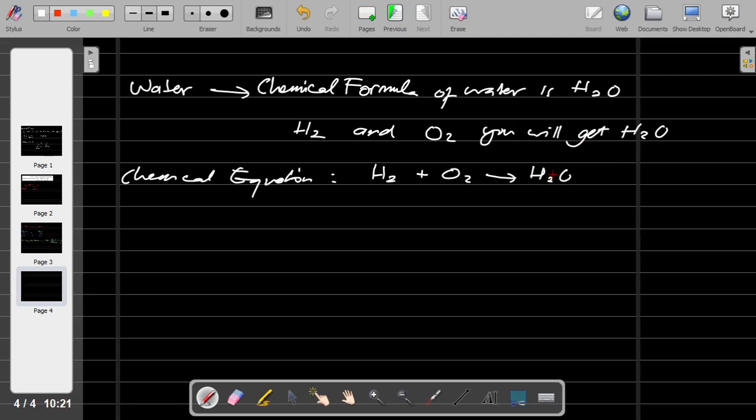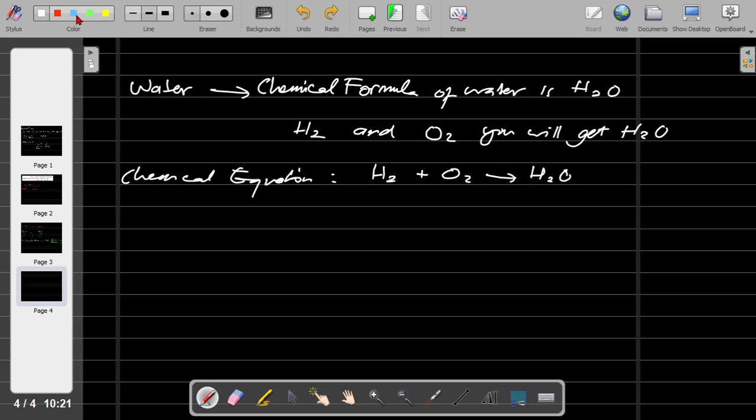The answer is, it is an unfinished equation, because let's take a look at the oxygen. On the left hand side we have 2 O, but on the right side we only have 1 O. So it must be an unfinished equation, so we have to make it finished.